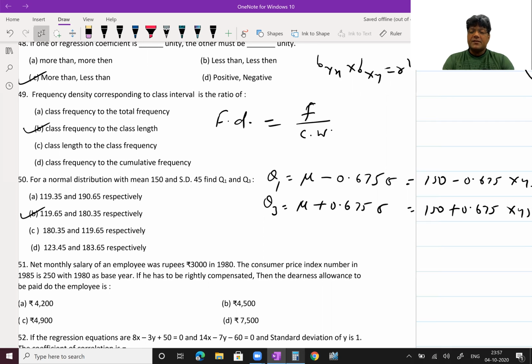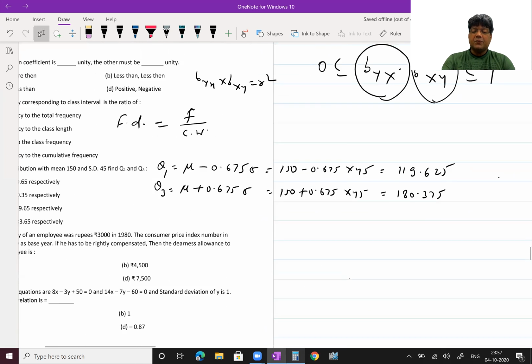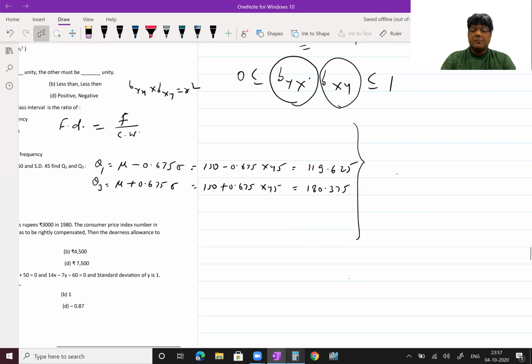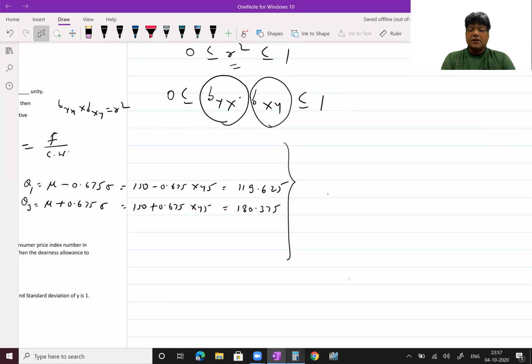You know why the difference is coming? Because if you take the full value in place of the three digits after the decimal given in your ICAI book, your answer may match exactly with this question. Like Q1 is equal to 150, that is mu, minus, and I will take the proper four-digit value 0.6745 into 45.